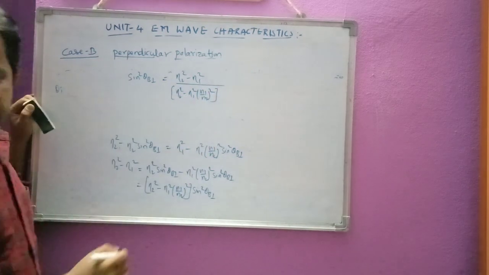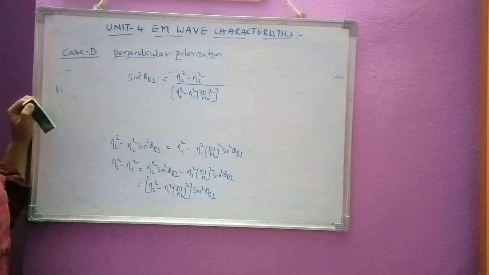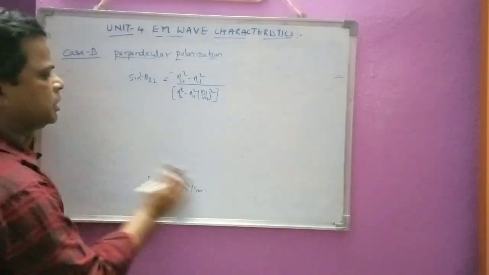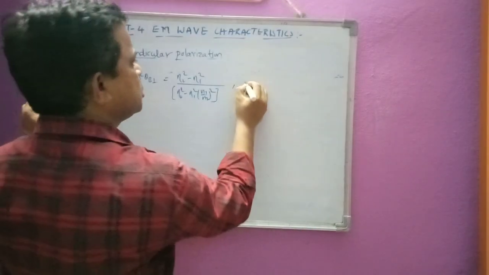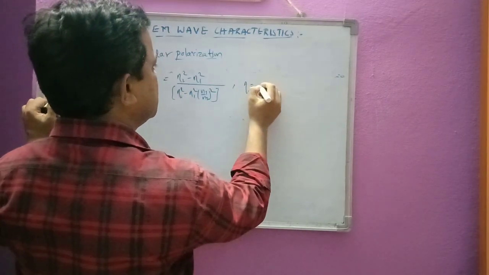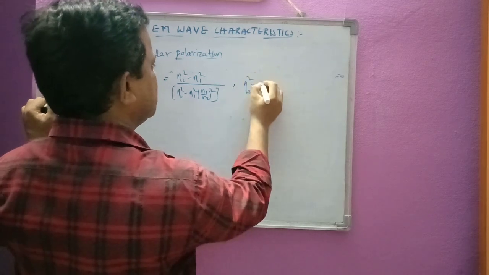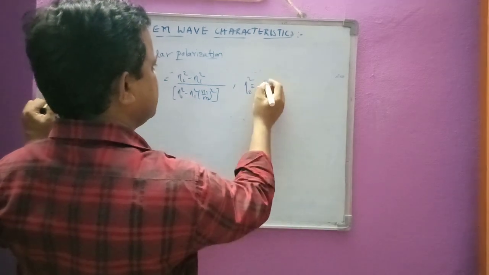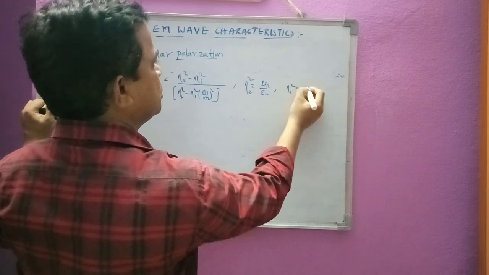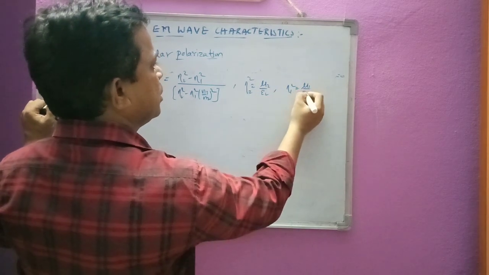I will write like this. Okay. So I am going to get the equation like this here. Now I am going to substitute the expressions for eta and n. We know that eta 2 is equal to the square root, so eta 2 square is mu 2 by epsilon 2, and similarly eta 1 square is equal to mu 1 by epsilon 1. Why?